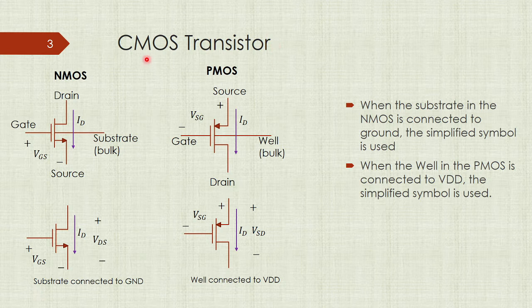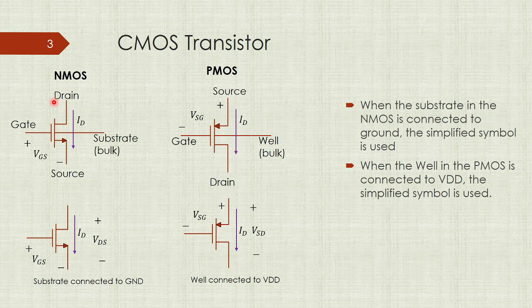Well, in integrated circuit design, CMOS transistors are the main component, and we have two types of CMOS transistors, NMOS and PMOS. In the NMOS transistors, the current is generated by electrons, while in the PMOS, the current is generated by holes.